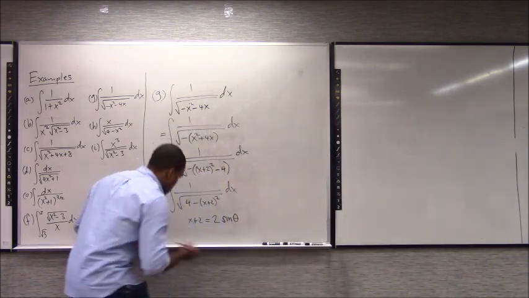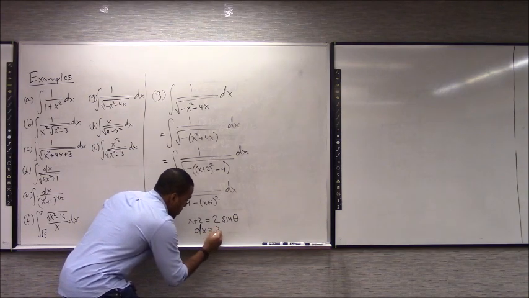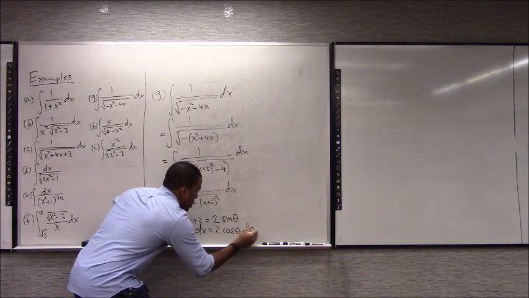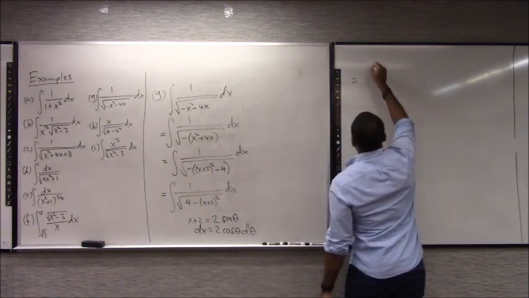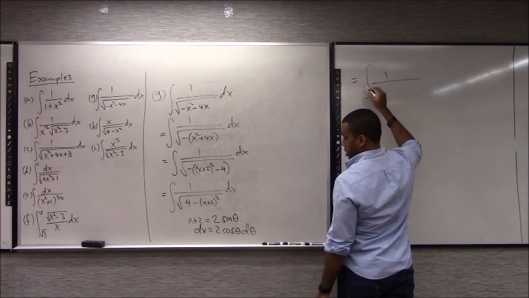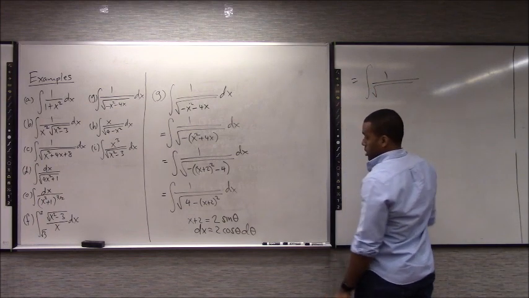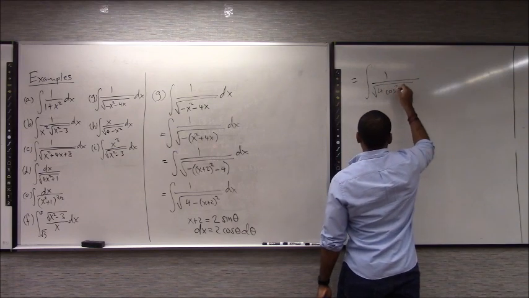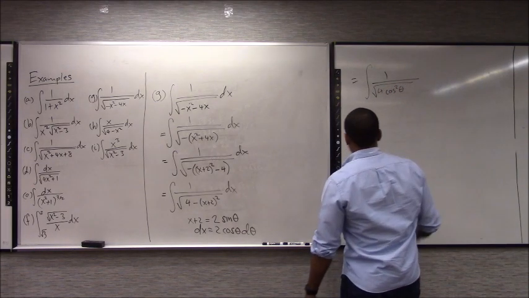And now our dx is going to be 2 cosine theta d theta. And so our integral is going to look like 1 over the radical. Plug in 2 sine theta here, so that gives me 4 cosine squared theta underneath.